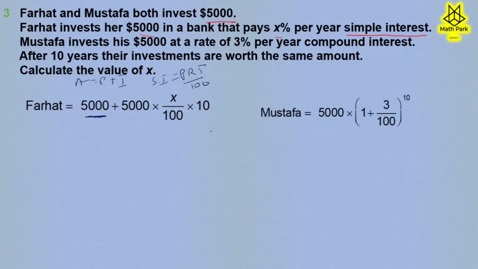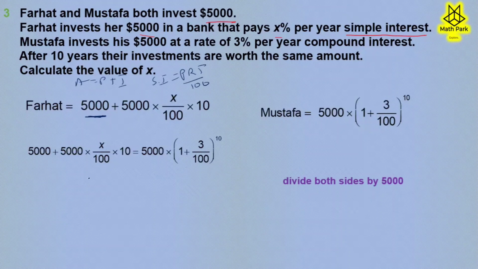And for Mustafa, it is compound interest. So we use the compound interest formula P times (1 plus R over 100) raised to 10. And we are given that after 10 years their investments are the same. So we get this equation: 5,000 plus 5,000 times X over 100 times 10 equals 5,000 times (1 plus 3 over 100) raised to 10. Okay, so let's solve this.